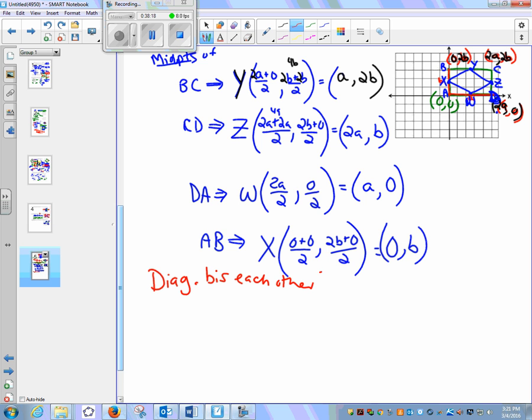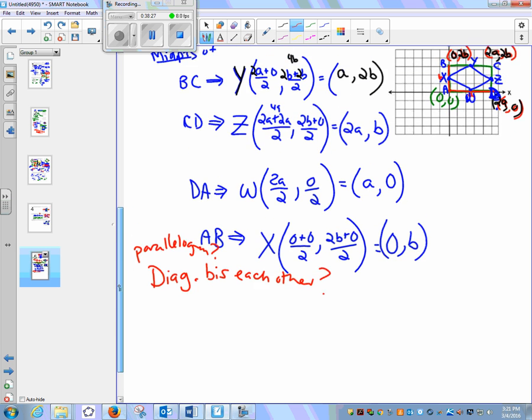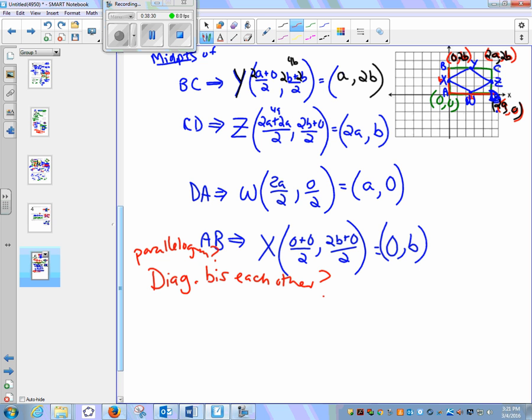I'm going to say question mark because this is going to show, is it a parallelogram? Remember, one of our ways of proving something is a parallelogram is to see if diagonals bisect each other. So diagonals in this case are going to be XZ and YW. So if we're trying to figure out if they bisect each other, we need the midpoints of XZ and YW.